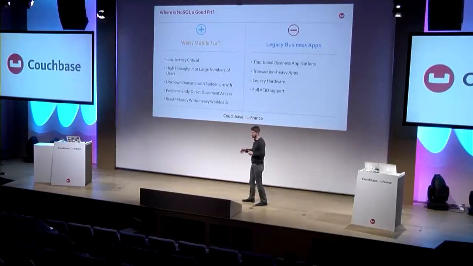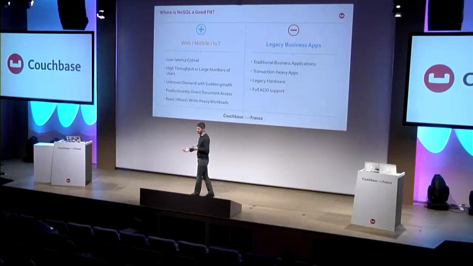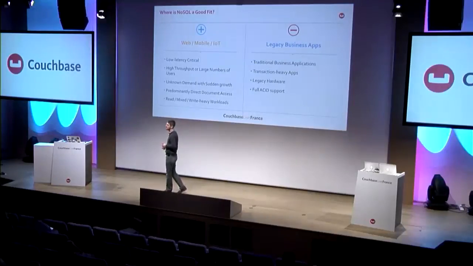Looking at the other side, some of the more legacy business applications, the back office, very transaction heavy on legacy hardware. All of these sort of things tend to, although not exclusively, tend to mean that, well, if they're working today, why do we need to change them? NoSQL is about meeting the new requirements of new applications.